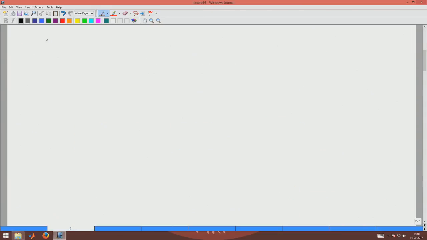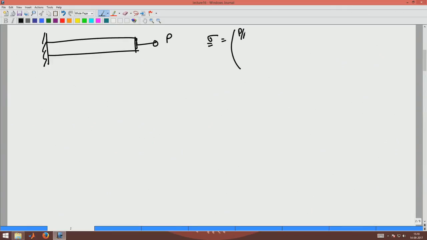Let us go ahead. So, I have this member to which I am applying a force P. All of us know that once you apply a force P, it is like a uniaxial state of stress, uniaxial loading. So, we saw when you looked at the uniaxial state of stress that the stress is given by this tensor, P by A and zeros elsewhere.